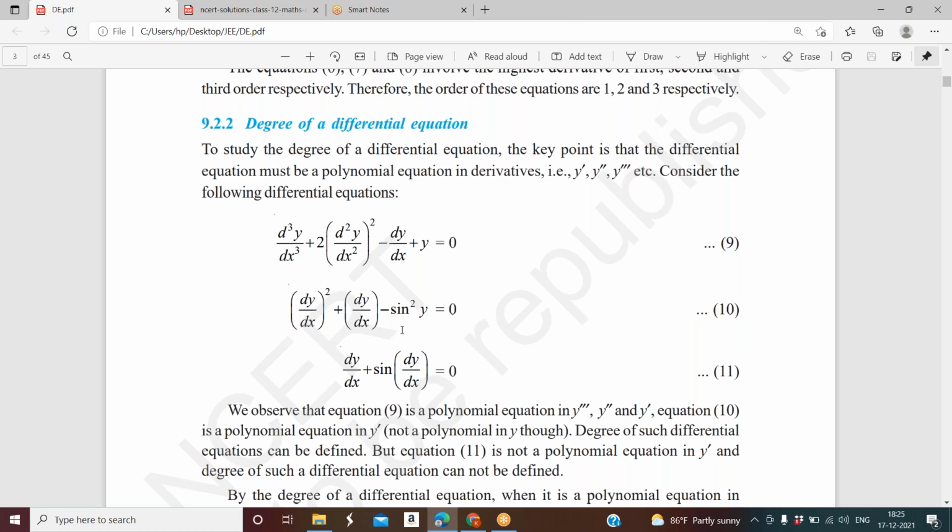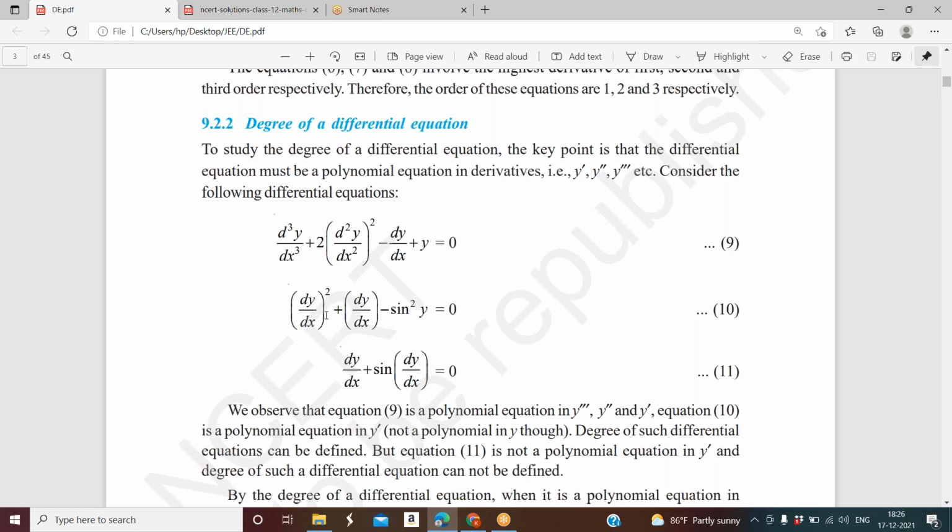This is actually a polynomial equation in y dash, not in y. This is a polynomial equation in y dash because we have dy by dx the whole square plus dy by dx minus sine square y equal to 0.